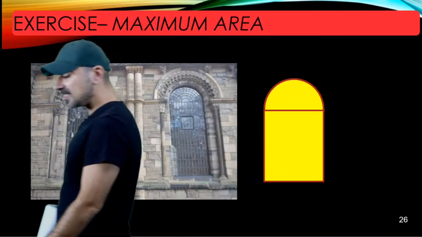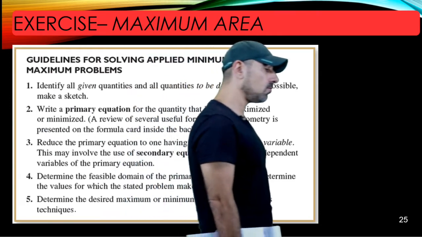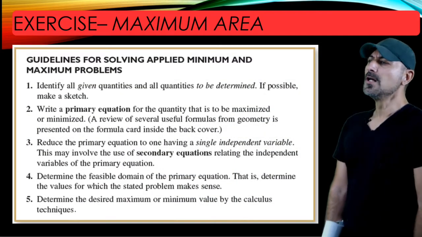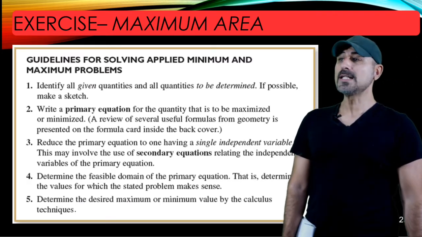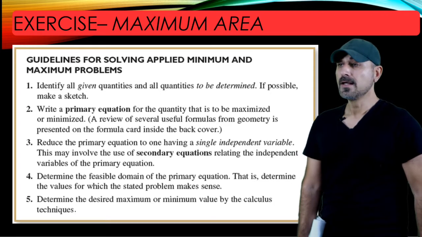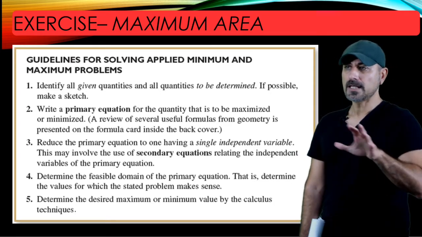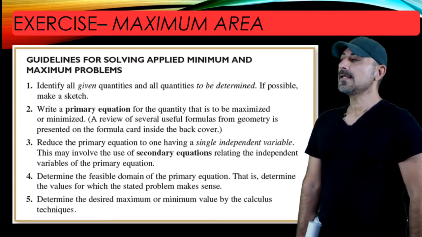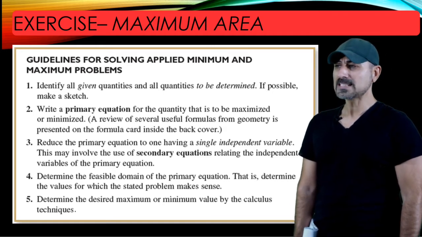But before we step forward, why don't we remember the guidelines to solve applied maximum or minimum problems? First of all, we're going to identify all given quantities and all quantities to be determined. As you see, we already made a sketch to help us figure out the area or the perimeter. We're going to write a primary equation for the quantity that is to be maximized or minimized.